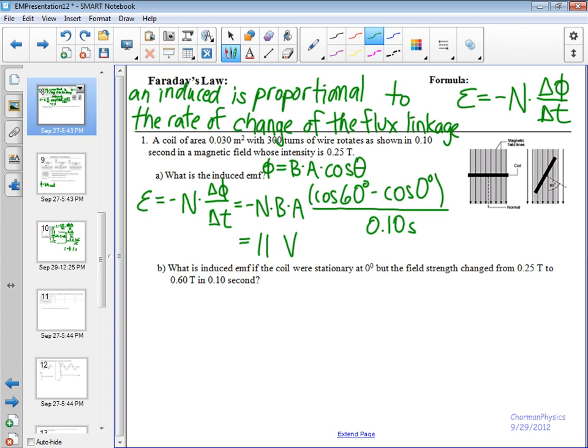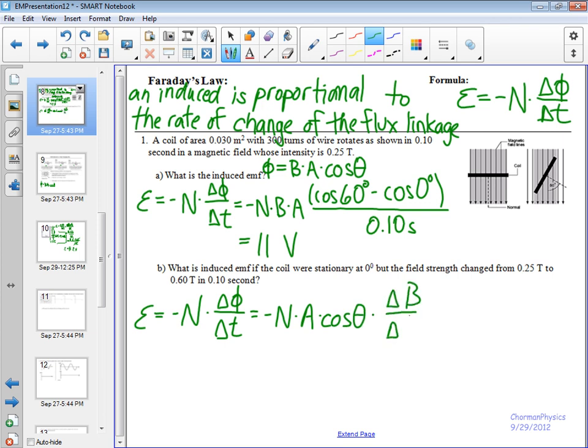The next question asks us what is the induced EMF if the coil was stationary at 0, but the field strength is what changed. So when we rewrite this whole thing, it looks like the following. What's actually going to end up changing here is the field strength, so we can keep all the rest of it outside.